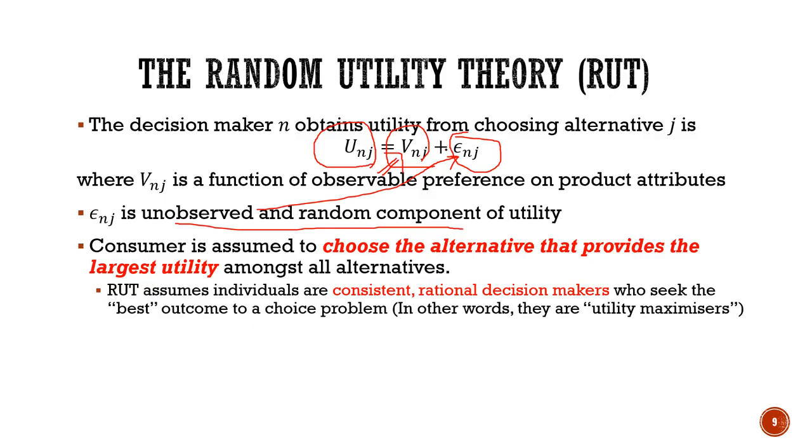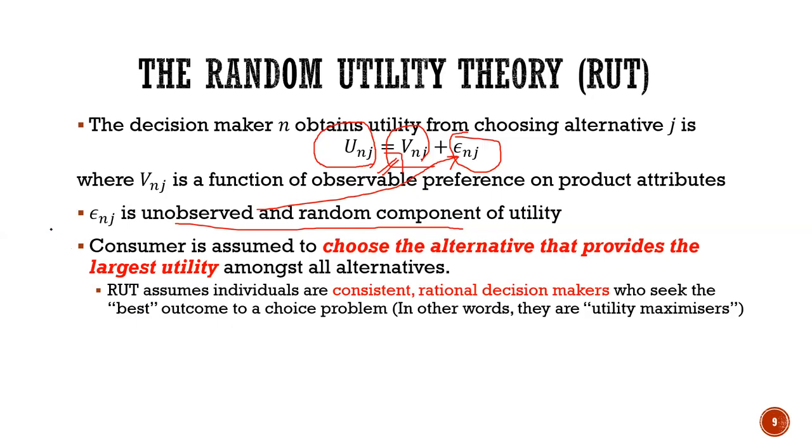For example, word of mouth might have influenced a consumer to go into the store and try a particular flavor of Cadbury's chocolates. So all the unobserved random factors that influence the choice of a consumer are also incorporated into the consumer's decision making. And this is what random utility theory is all about.